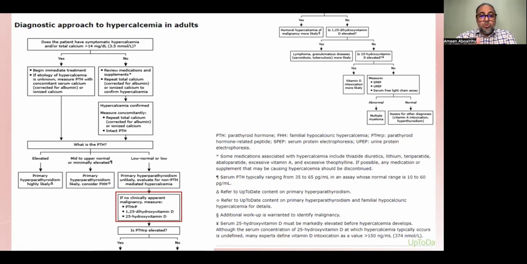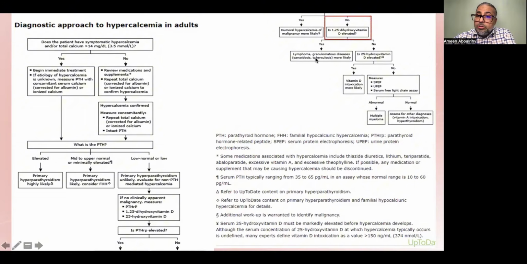If it is not apparent, you check the parathyroid hormone-related peptide, and you check vitamin D, both the 125 and the 25. If the PTH-related peptide is elevated, then this is malignancy-related.